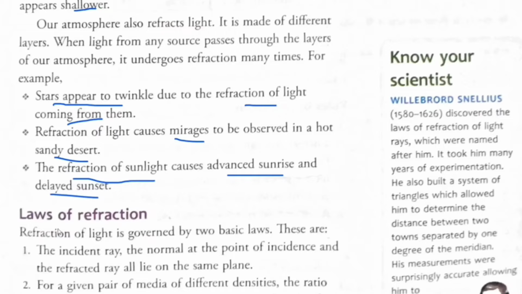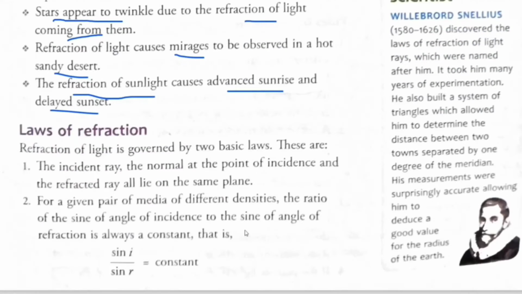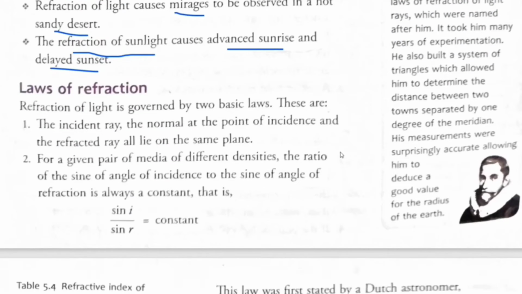Students, there are mainly two laws of refraction, two basic laws that govern the refraction of light. The first one is what? The incident ray, the normal, the point of incidence, and the refracted ray all lie on the same plane.